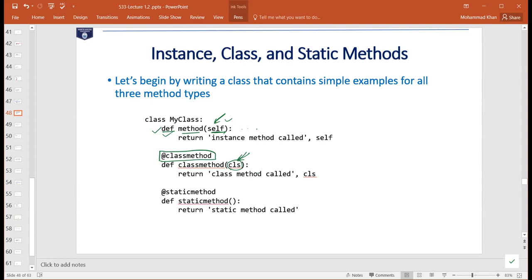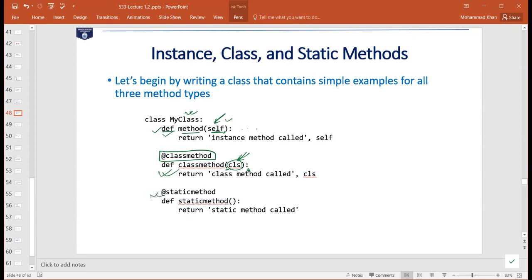But whatever variables are declared inside these type of methods will have class global scope, or class scope. So if any of the objects changes these variables declared here, other objects of this same class will see the changes.